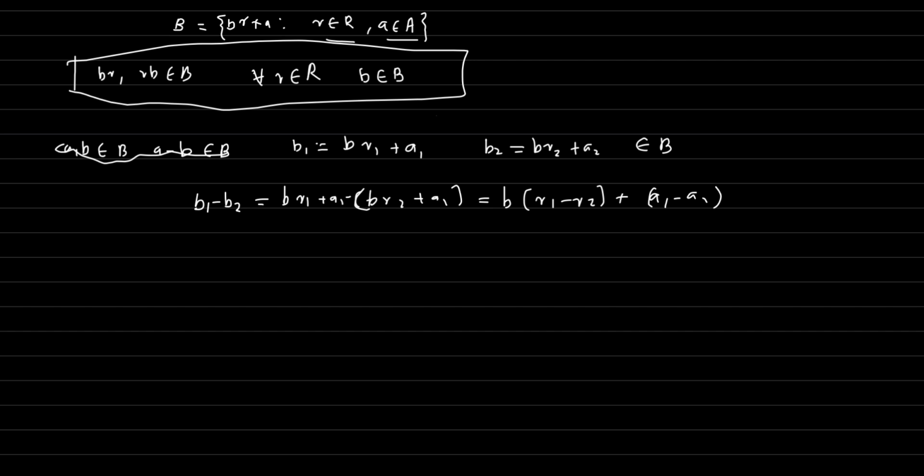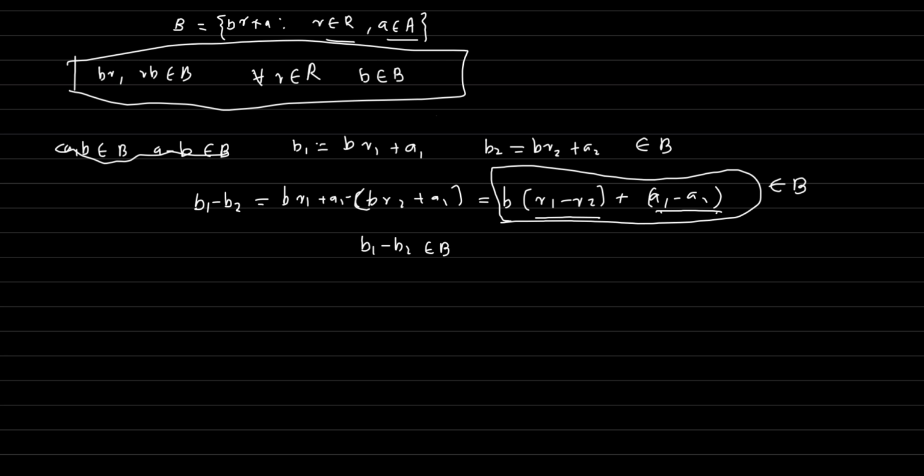Now look at this right-hand side. r1 minus r2 is an element in R and a1 minus a2 belongs to A, since a1 and a2 belong to A, so their difference also belongs to A. Elements in this form will be in B. Therefore, b1 minus b2 belongs to B. For any two elements b1 and b2 in B, the difference also belongs to B, which means B is a subring.